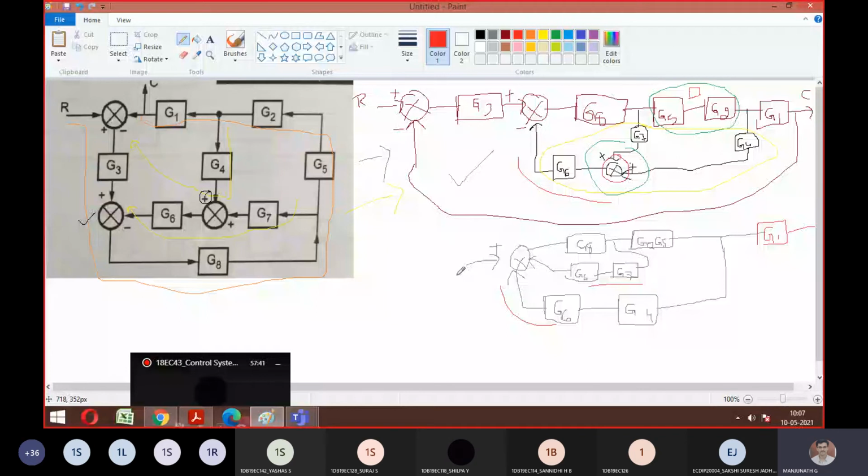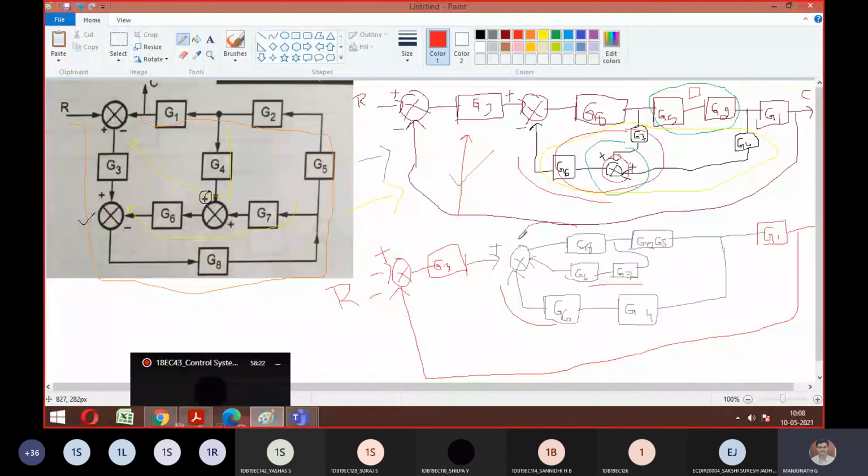This connection is given here, and this comes at the end. This is how it looks. Understood or not still? This is the input part, this is the output part. I have just eliminated this summing point in such a way that it has equal options for both. If you do it like this, what is the procedure?